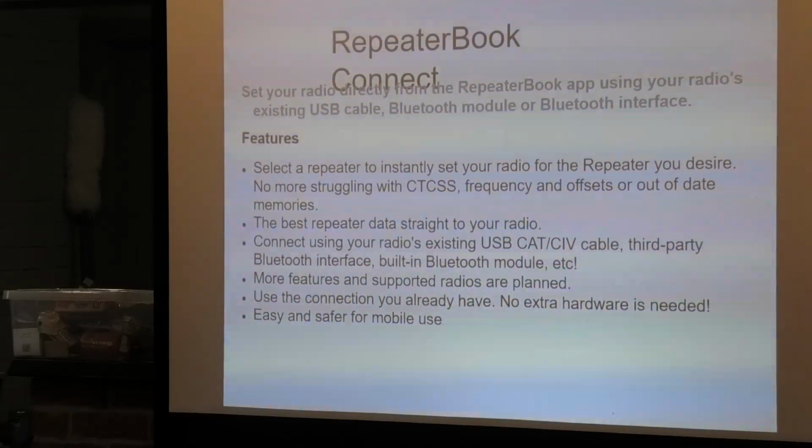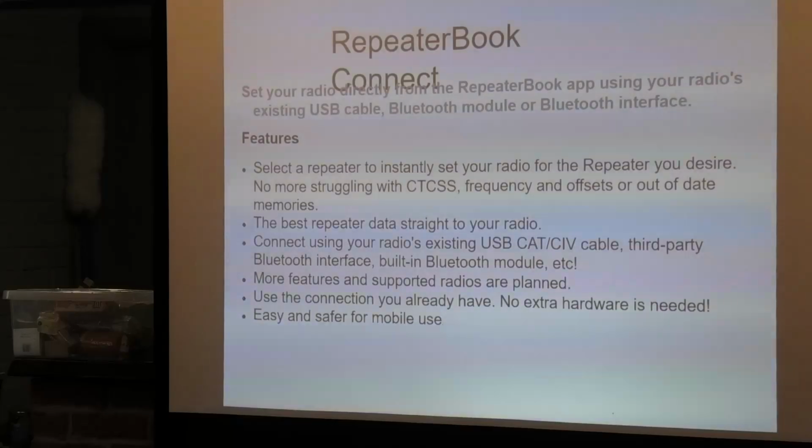If you have a 705 that uses Bluetooth, you can do the same kind of thing on that. It really is there to enable you to use whatever interfaces your radio has, or whatever programming cables you already have to control the radio. So that's what RepeaterBook Connect is about. Set your radio directly from the RepeaterBook app using your radio's existing USB cable, Bluetooth module or Bluetooth interface.